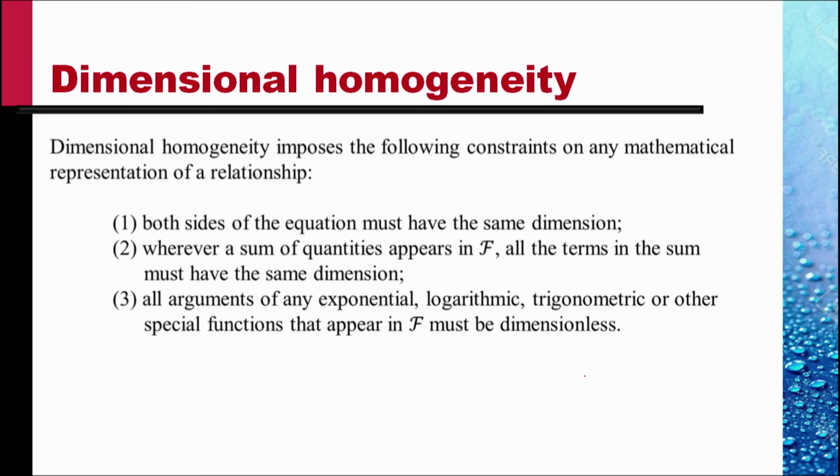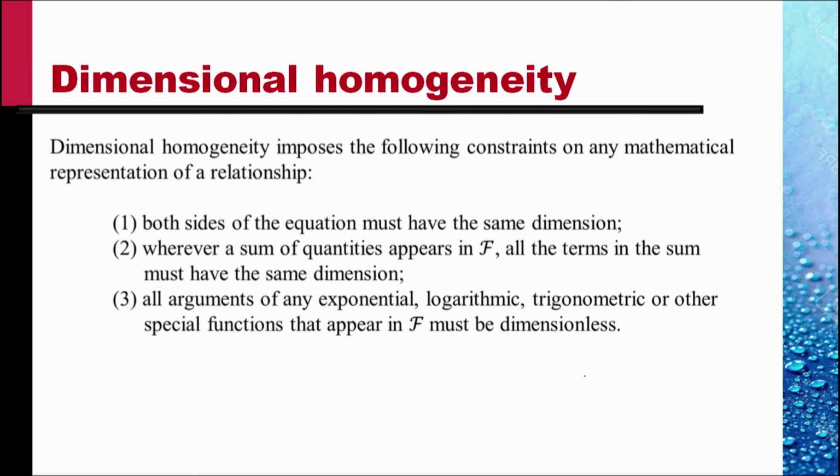Also, all arguments of any exponential, logarithmic, trigonometric, or other special function that appear in F, the relationship, must be dimensionless. Taking a log of a dimensional quantity is meaningless because it will not be satisfying the property of the absolute significance of relative magnitude.